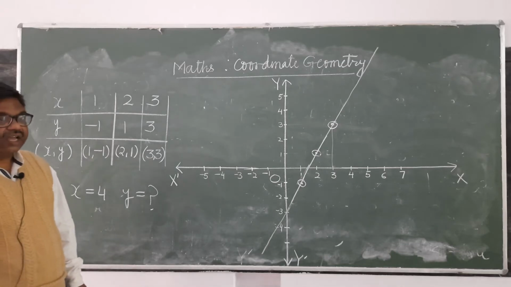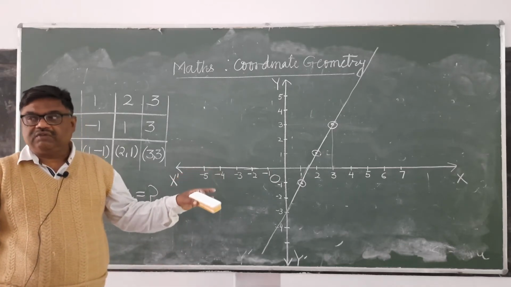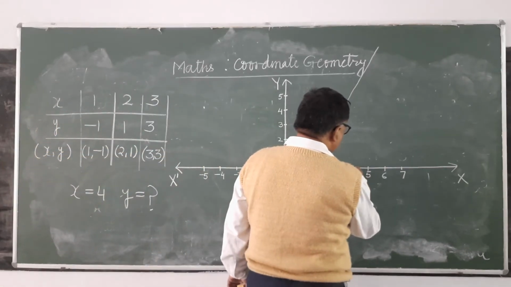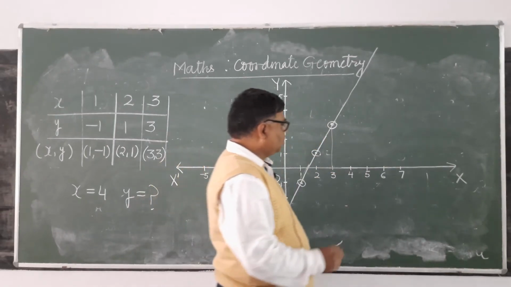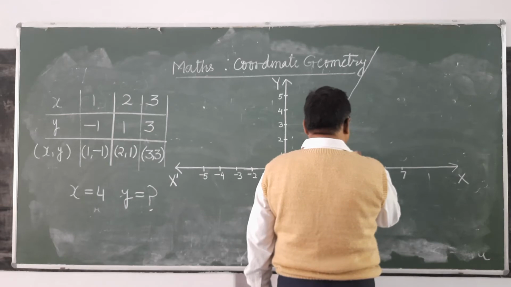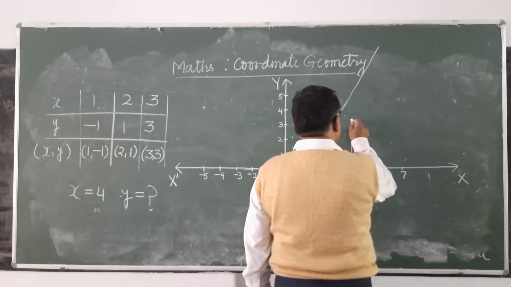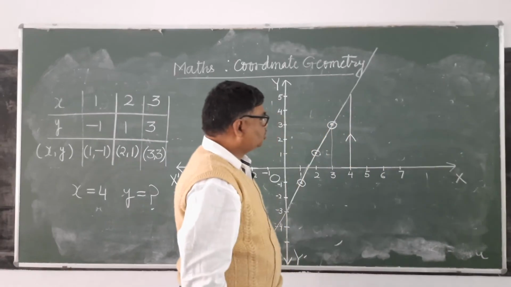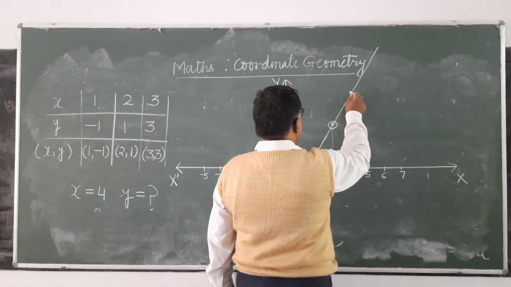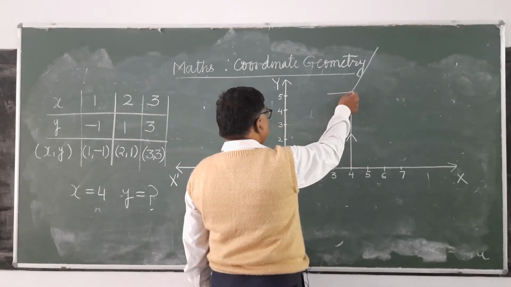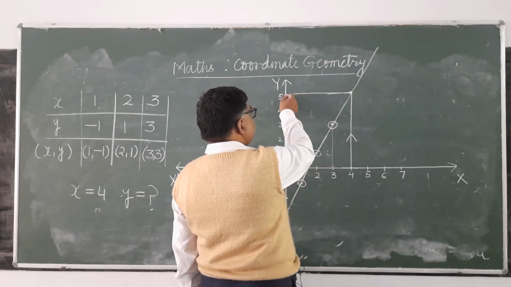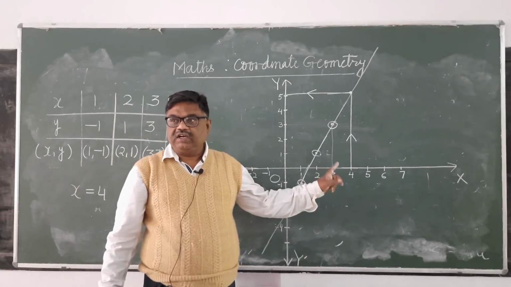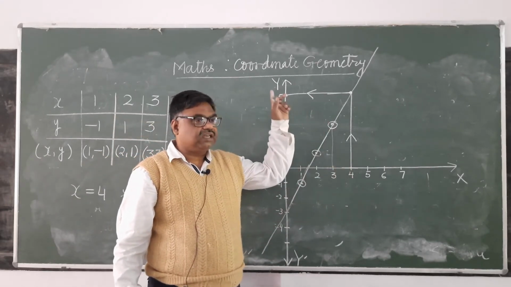See here, where is x equals 4? This point is x equals 4. Now you produce it till it meets the graph. Is it clear? So you have got this point on the graph. Then you see that it is in front of which value on the y-axis. We have to find what is the value of y when x is 4.